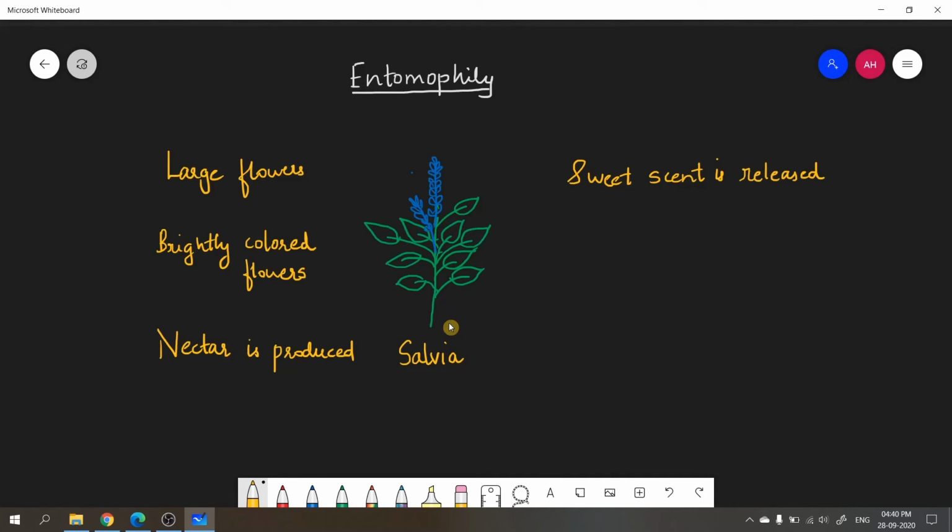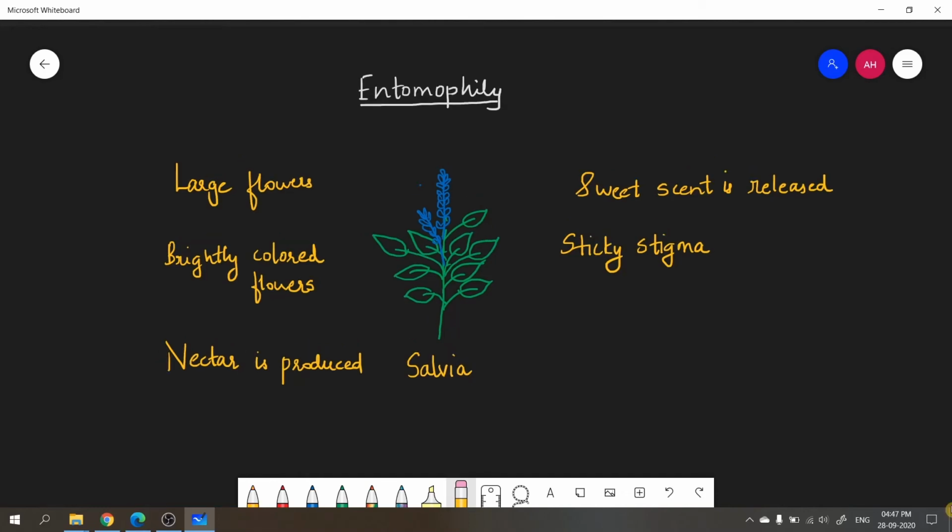Apart from all these important characteristics, let us now talk about the stigma and the pollen grains of such flowers. The stigma, if you see, is quite sticky. Sticky stigma. Why do you think the stigma of such flower is sticky? Yes, because the pollen grains can easily stick on such stigma. Alright. And now talking about the pollen grains.